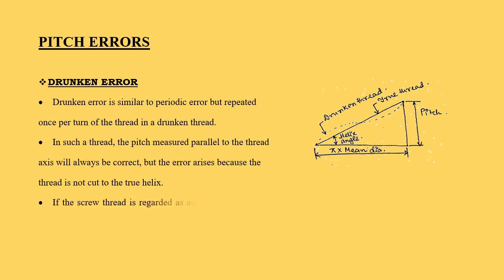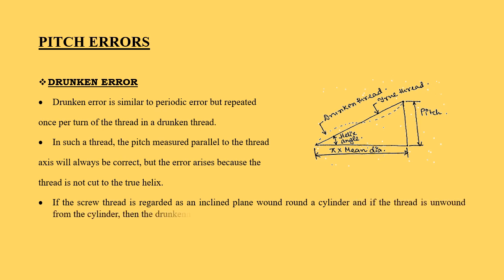The drunkenness can be visualized if the screw thread is regarded as an inclined plane wound round a cylinder, and the thread is unwound from the cylinder.